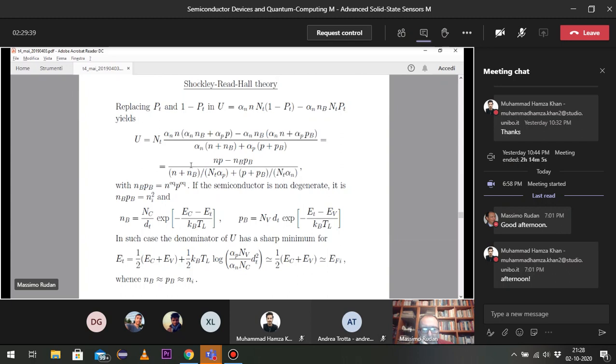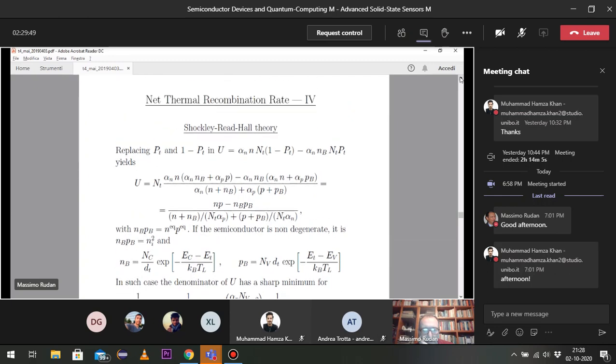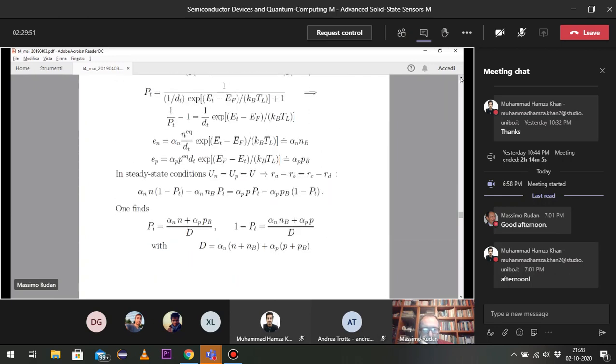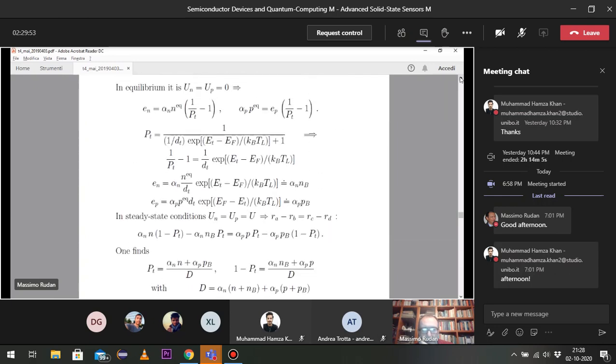You see that this simplified expression is the product NB/PB. What is it? Well, NB/PB is the product of n equilibrium over dt times this exponential times p equilibrium over dt times the opposite exponential.